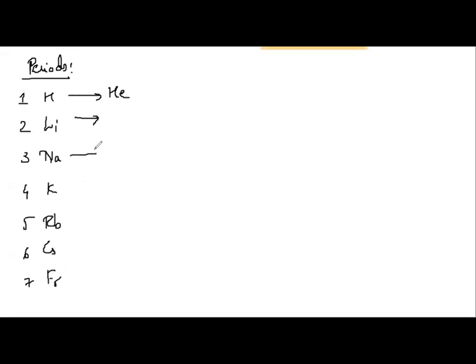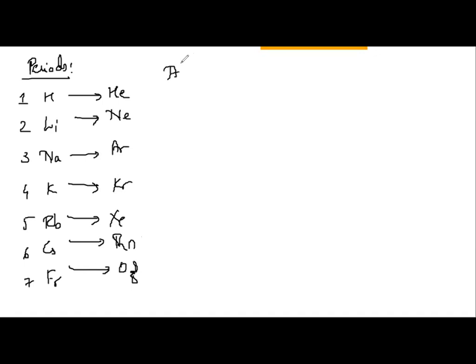And it ends with the noble gases: helium, neon, argon, krypton, xenon, radon and Og. So every period starts with an alkali metal and ends with a noble gas. Please do remember it.